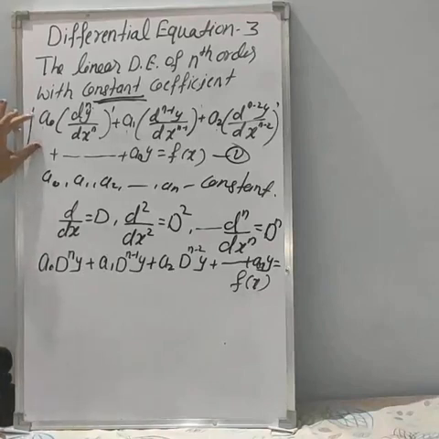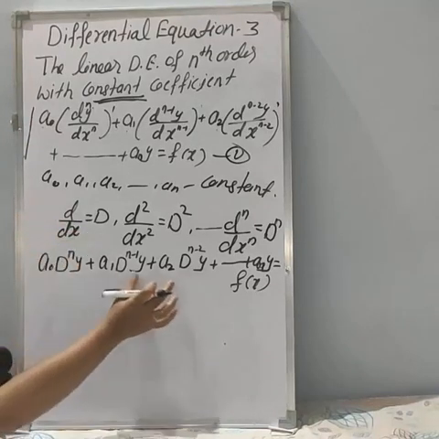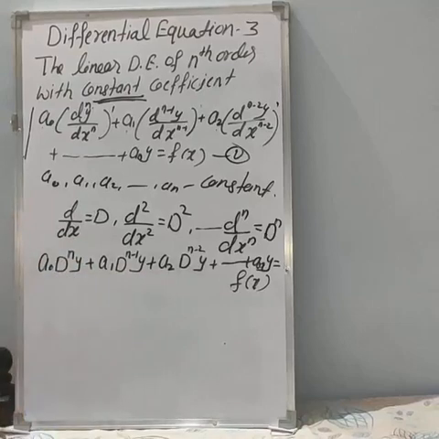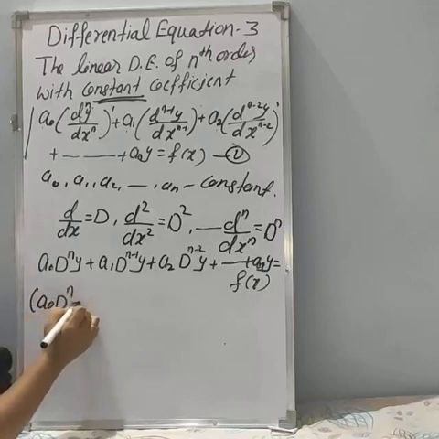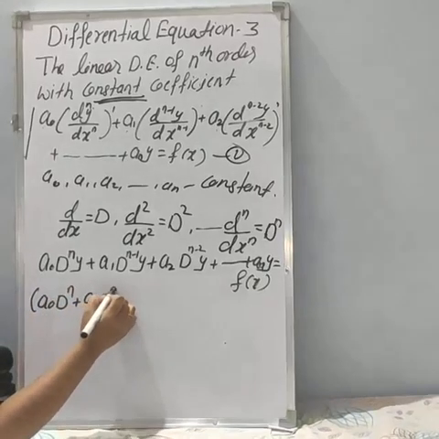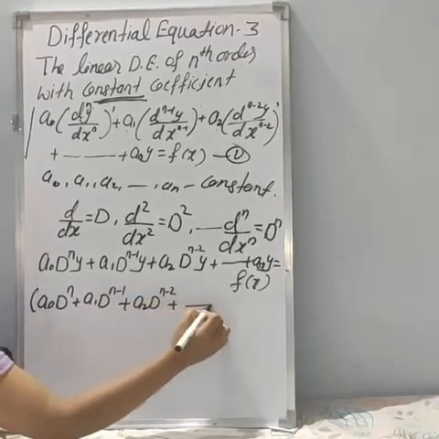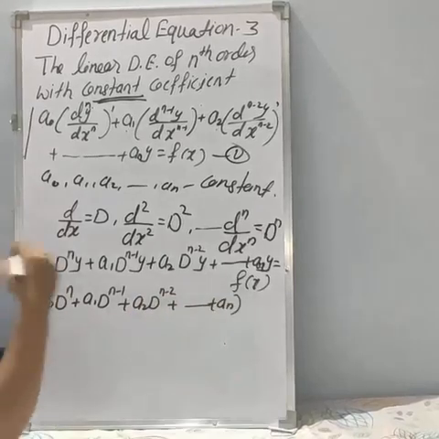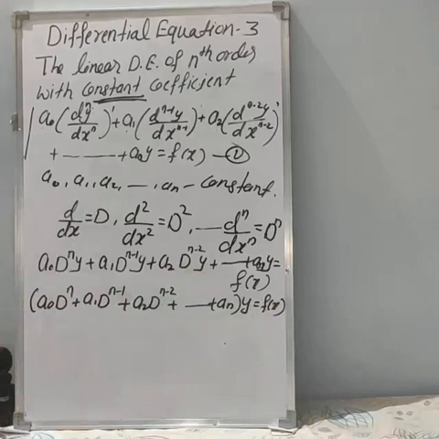Try to make the given differential equation, this type of differential equation, in this form by substituting d by dx is equal to D. Now if you see each term, in each term y is common. So take it outside. What remains is a naught D raised to n plus a1 D raised to n minus 1 plus a2 D raised to n minus 2 plus so on. Here we remain with the constant term an, y is common. So this is equal to f of x. First, by substituting this value, try to make this equation in this form.